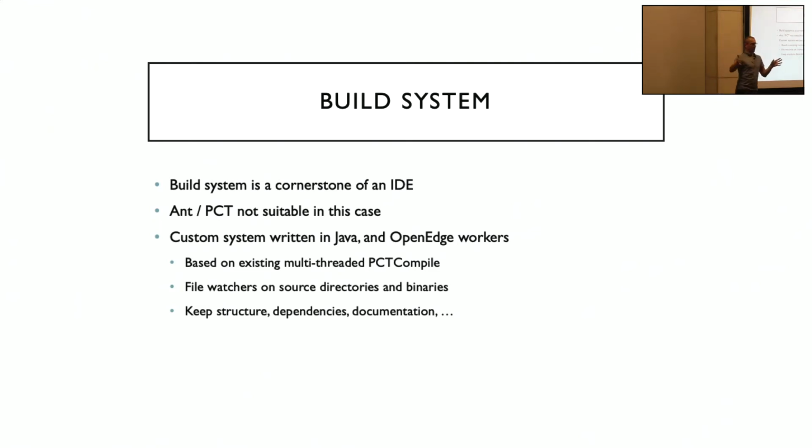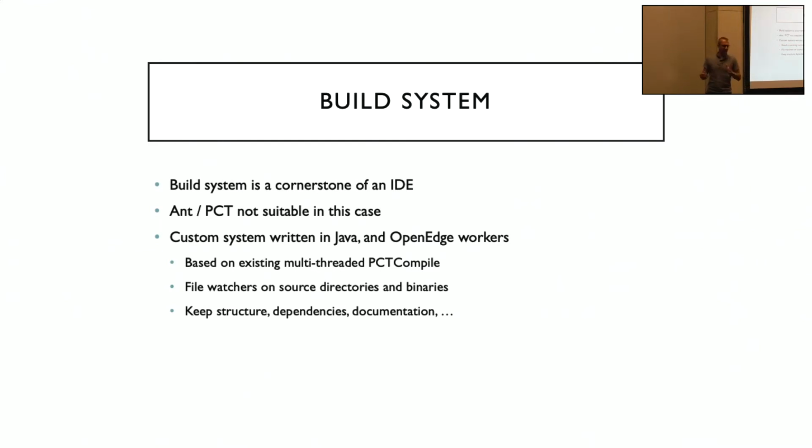Some xref have been modified, so I will also extract some information from here. So it's a mix of Java and OpenEdge. This is mostly based on what is available in PCT compile, the multi-threaded version of PCT compile. However, it's not exactly the same code.